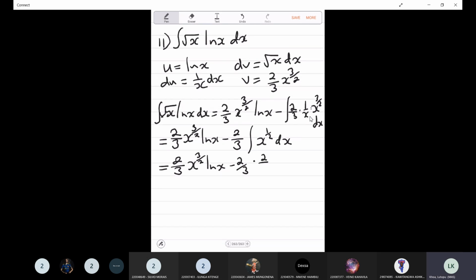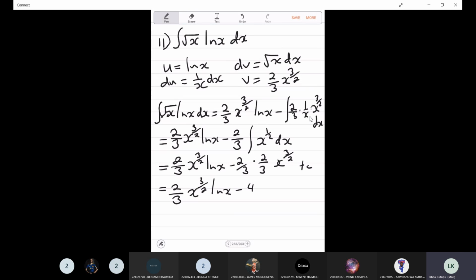Here multiply 2 over 3, then x to the power of 3 over 2 plus c, which is 2 over 3 x to the power of 3 over 2 ln of x minus 4 over 9 x to the power of 3 over 2. And then you add your constant of integration.